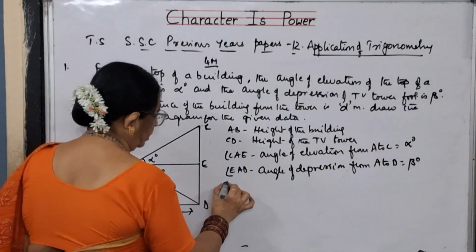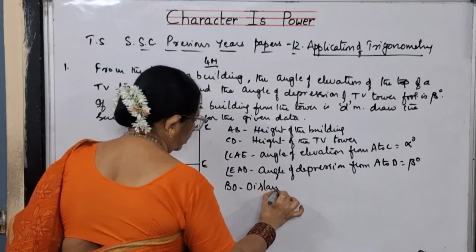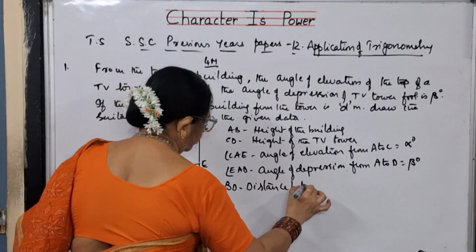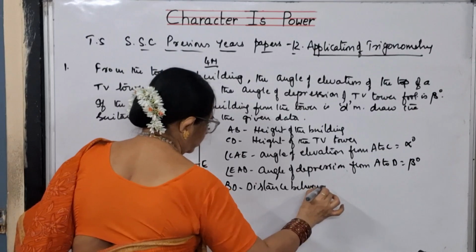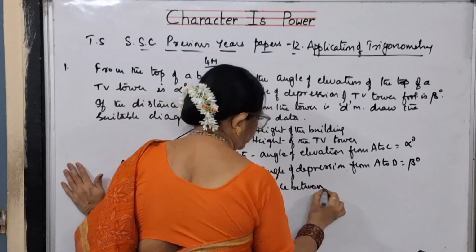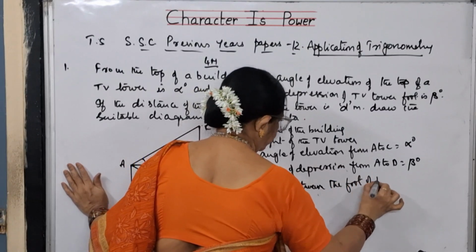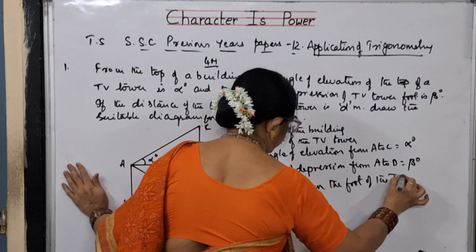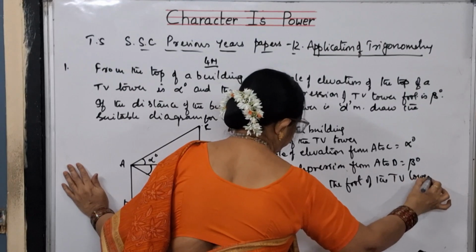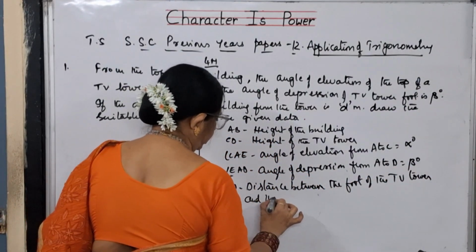And BD, distance between the foot of the TV tower and the building.